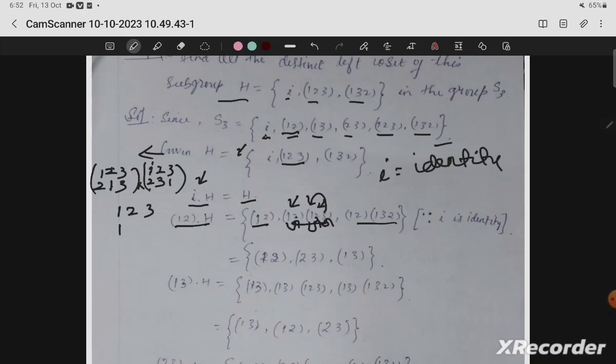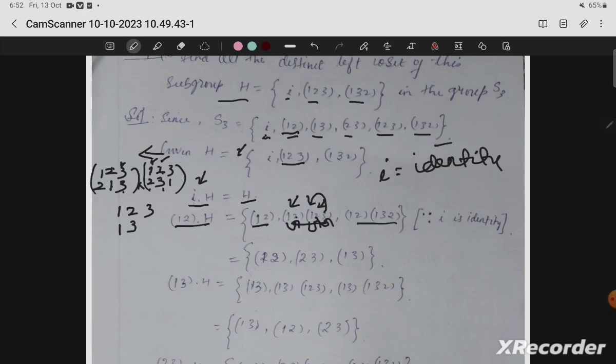Now 1 is done. Now we will go for 2. 2 is going to 3, and this 3 is referring to 3 here, so 2 is going to 3, so we will write 3.